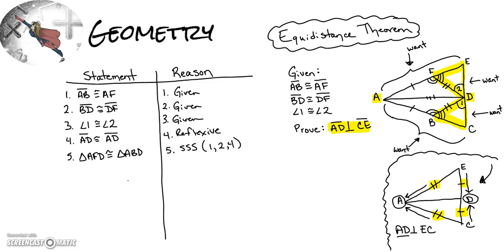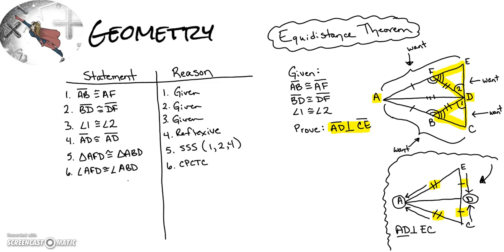All right, so the first step though is to say that angle AFD is congruent to angle ABD, and that's because of CPCTC, which almost always will be the next step right after something like SSS.